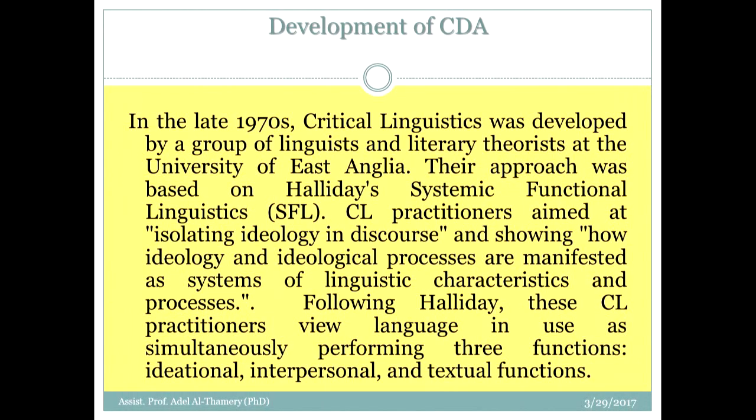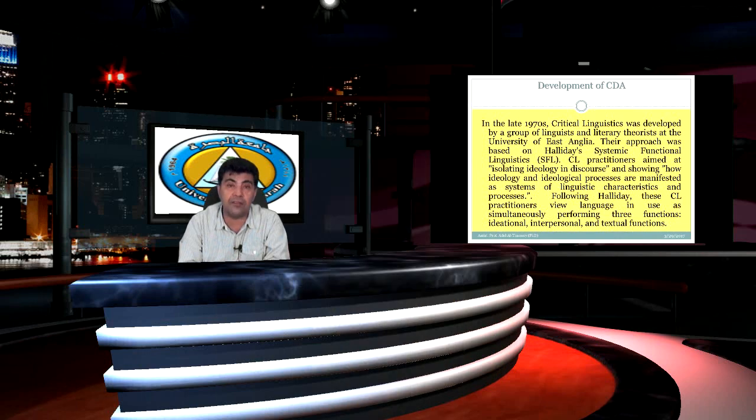Again, if we trace the development of CDA, we find that the first impetus for this kind of study started in the late 70s with critical linguistics, which was developed by a number of linguists and literary theorists at the University of East Anglia, and their approach was based on Hallidayan systemic functional linguistics.